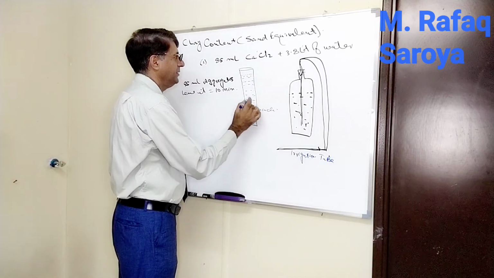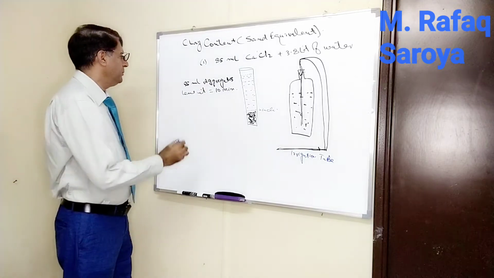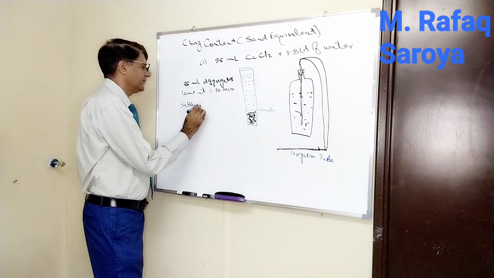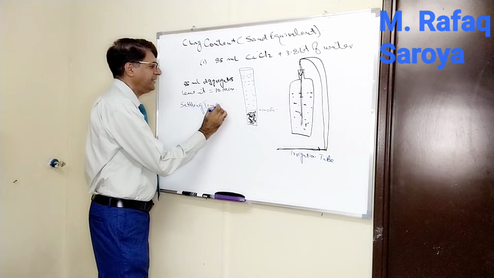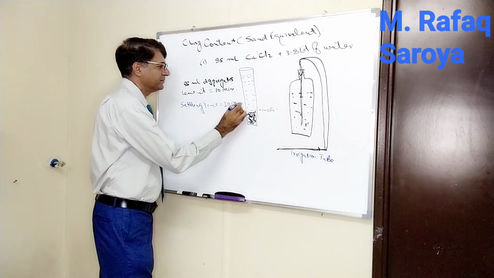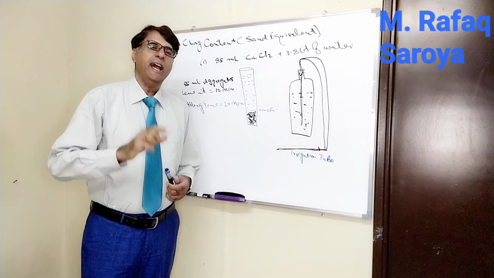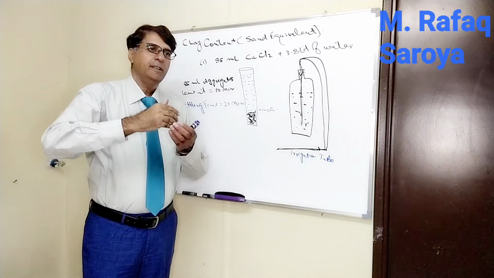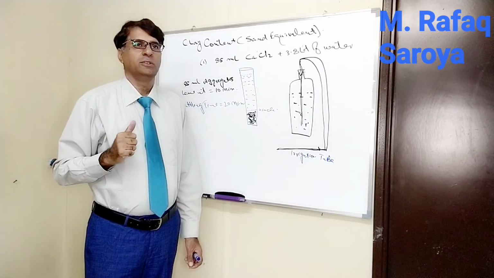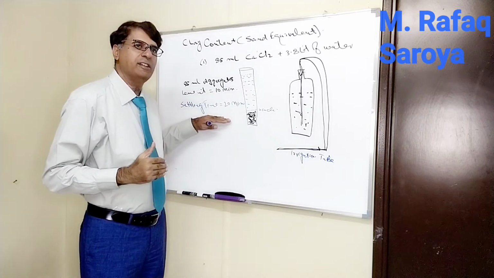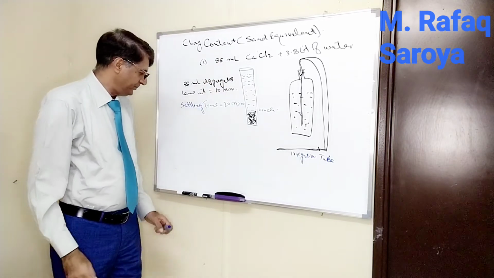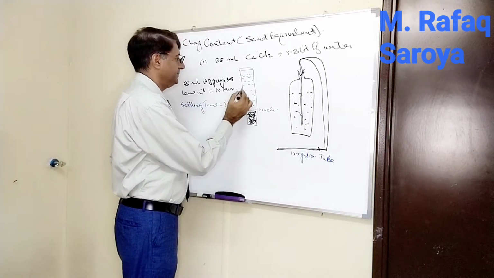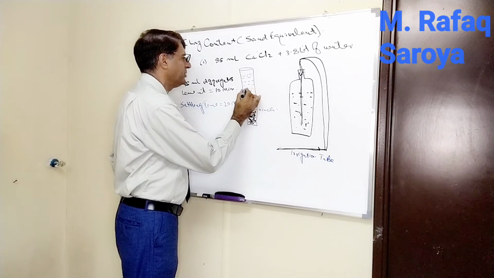When the water level has reached this point, we provide settling time. This settling time is taken as 20 minutes. What do we mean by settling time? That is the time in which some of these suspended particles settle down. After these 20 minutes have passed, we come to know that our clay material has reached up to this level.